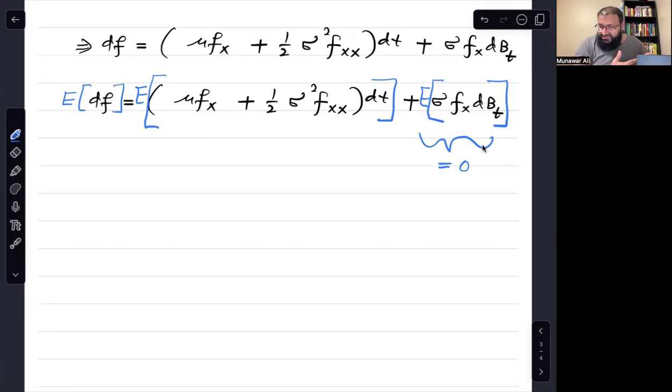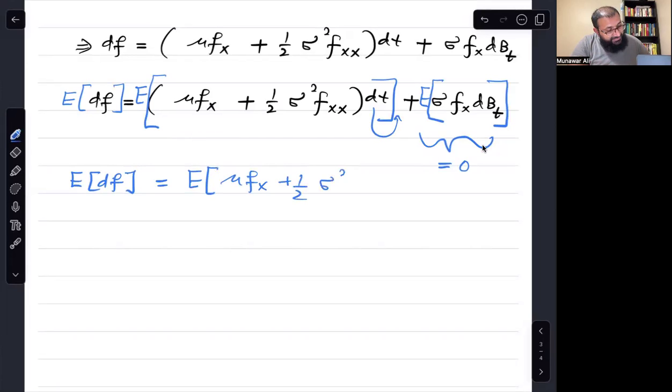Then I have something left now. I'm writing this one as E of df, and I'm taking this dt out. I'm interchanging this dt with the expectation, which I can do if the function satisfies certain properties: mu fx plus 1/2 sigma square fxx dt.